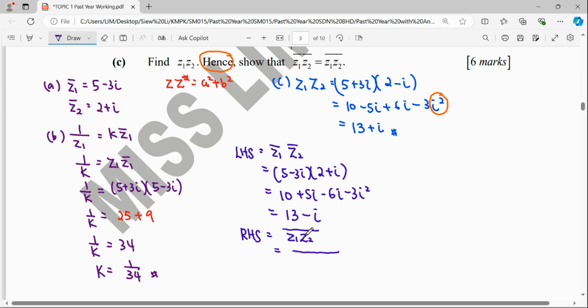So z1 times z2 is 13 plus i. To conjugate it, it will be 13 minus i. Now we can notice that our calculation for the left hand side equals the right hand side. Therefore, we managed to show that the conjugate of z1 times the conjugate of z2 equals the conjugate of z1 times z2.